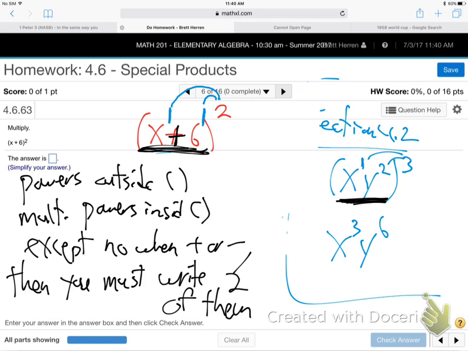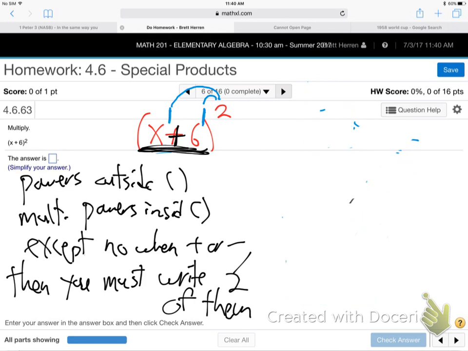So in other words, I have to actually write two parentheses. I have to do it the long way. I have to write x plus 6, x plus 6 like that.